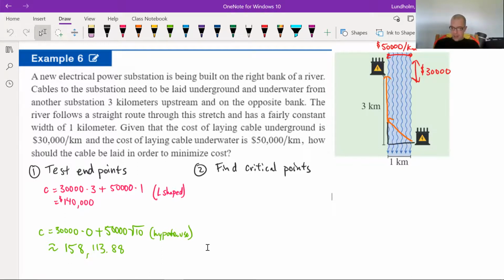All right, I'm going to give this distance the letter G because it's on the ground. And I'm going to give this distance, not the letter V, the letter W because it's in the water. And so, in order to find the critical points, we're going to need to find a cost function. And right now, the cost would be 30,000 times the ground length plus 50,000 times the water length.